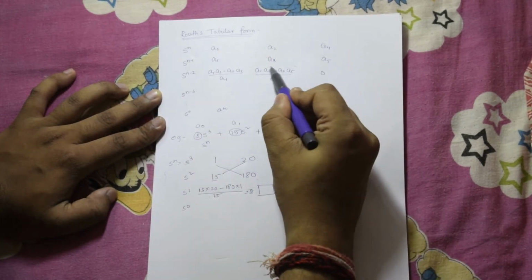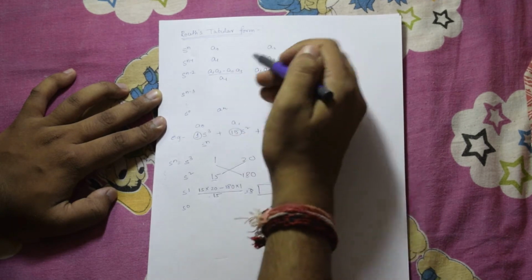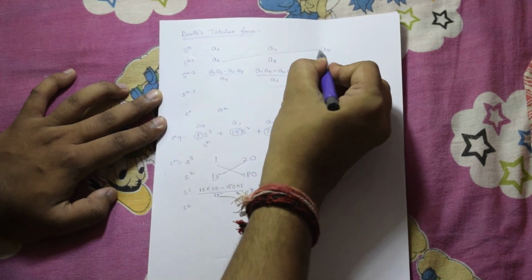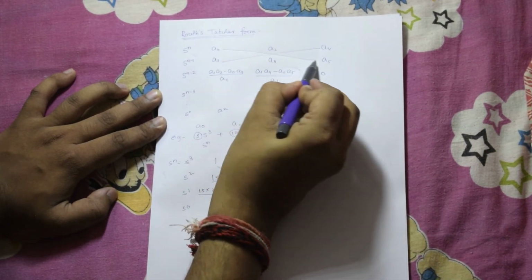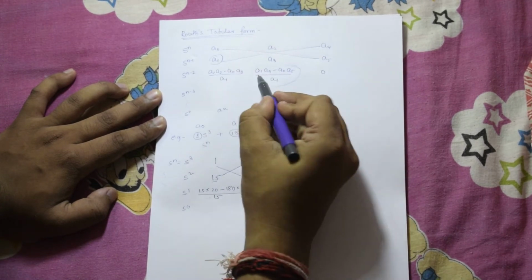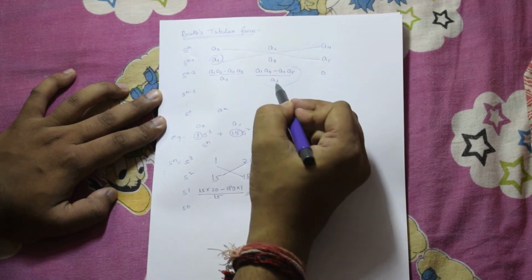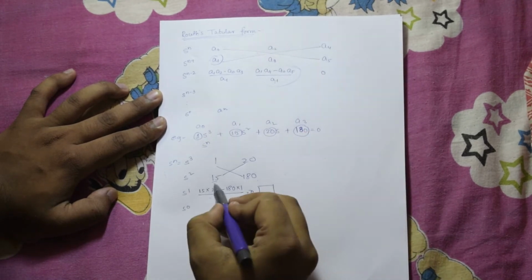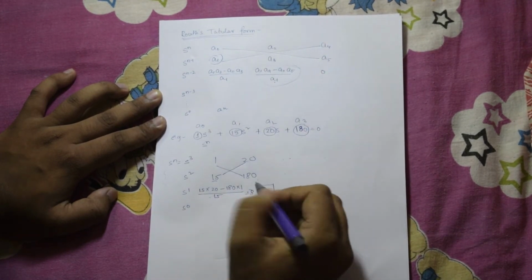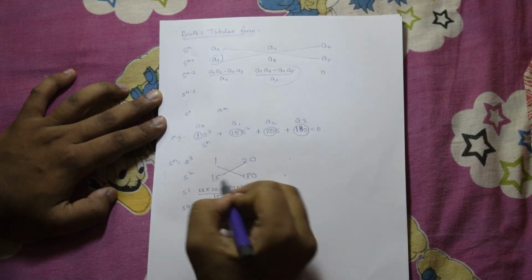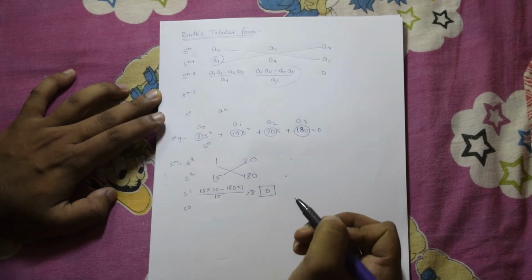What will be here? So how have we written this coefficient here? a1 into a4 minus a0 into a5, by a1. So here it will be 15 into 0 minus 0 into 1, by 15. So it will be 0 here.